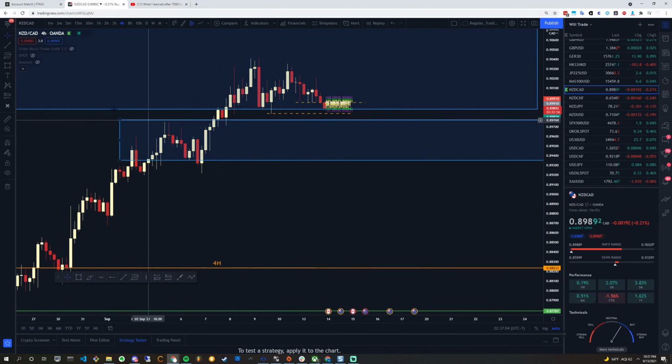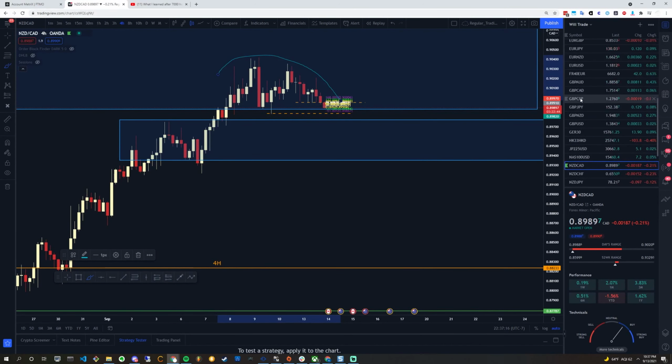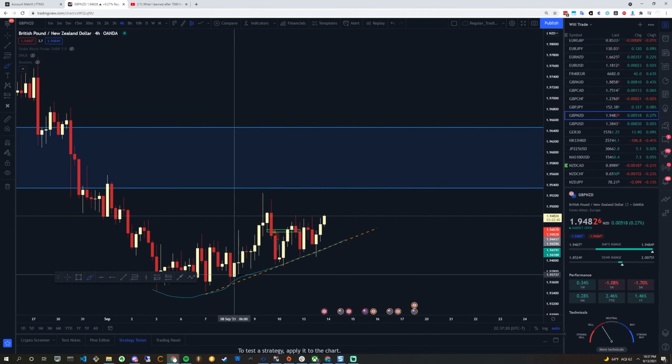The other thing that I saw on that trade, and that I forgot to mention, is that price is curving, much like what we saw on, I think it was Pound New Zealand, yesterday.